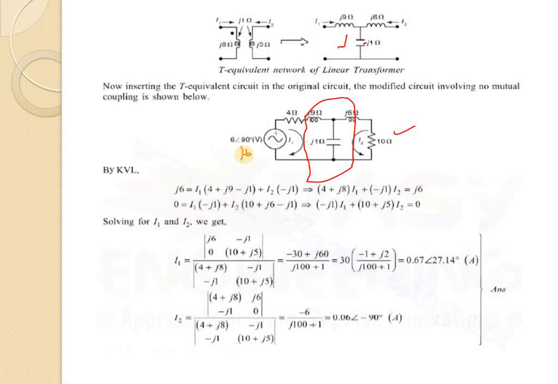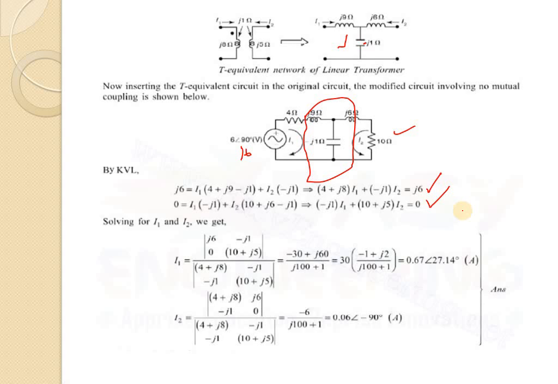In that way we form equation 1, and equation 2 is formed like this: I1 into minus j1 plus I2 into (8 plus j6 minus j1). So we have formed both equations.